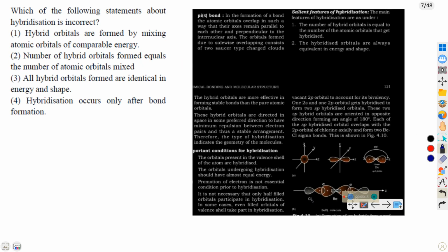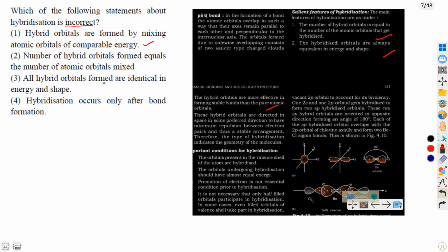Which of the following statements about hybridization is incorrect? Hybrid orbitals are formed by mixing atomic orbitals of comparable energy: correct. The number of hybrid orbitals formed equals the number of atomic orbitals mixed: correct.